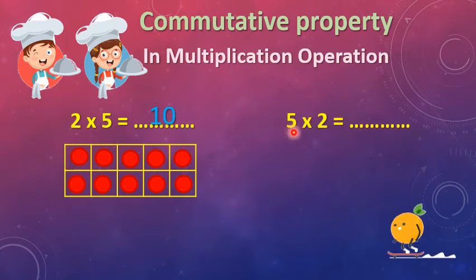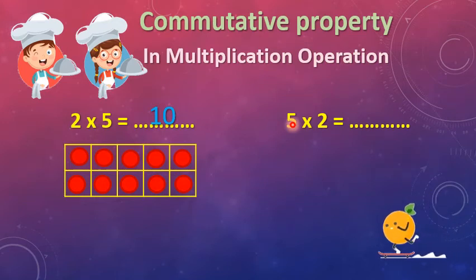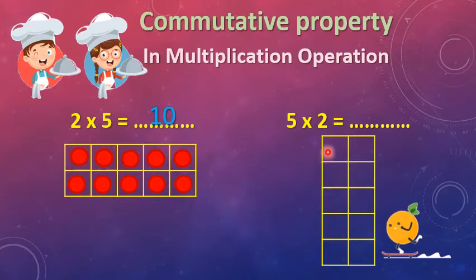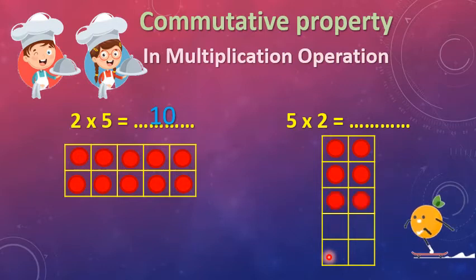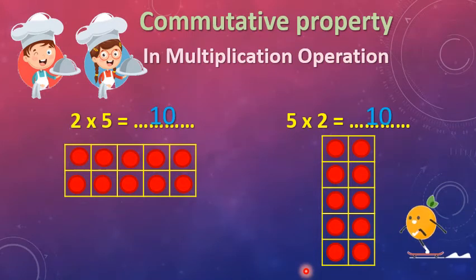If we have here 5 by 2, it means that we have 5 rows, each row has 2 circles. Then we will draw our array, 5 rows, each row has 2 circles as you see here. Then count the number of all dots here, it will be 10. What did you notice here?